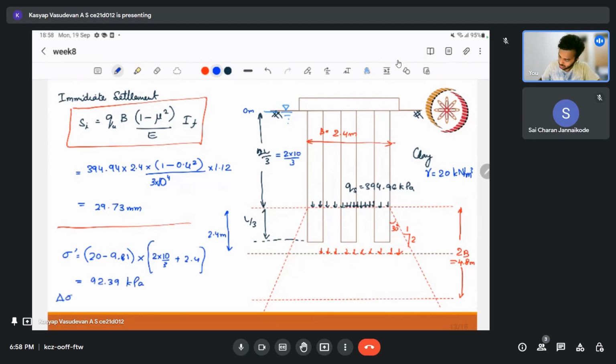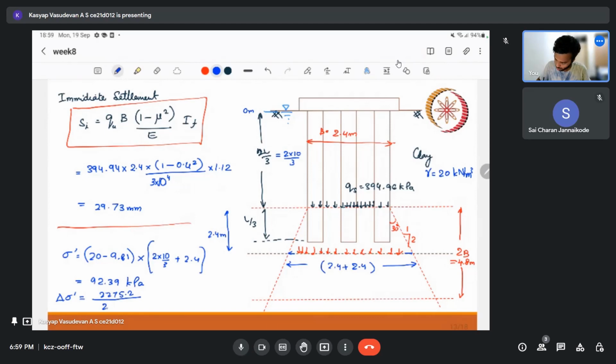And what is the increase due to our pile group? But we need this particular width. So our increase in effective overburden pressure at this particular depth will be our total load, that is 2275.2 divided by, what is the dimension of this? This is 2.4 plus 2.4 on one side, and on the other side also, it will be square.